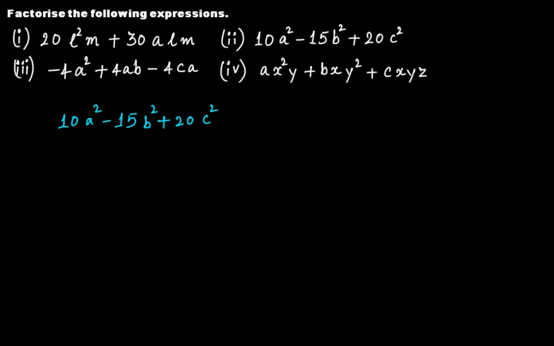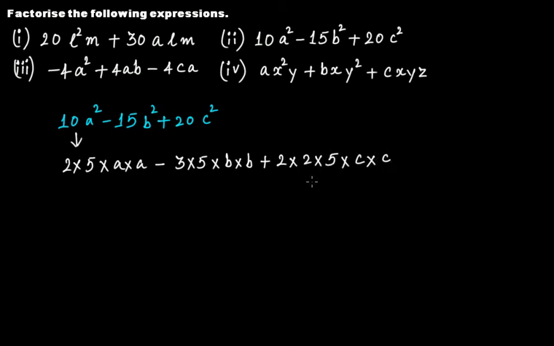How? This is 10a squared, so 2 times 5 times a, right? Then minus, this is 15, 3 times 5, that is the prime factor form, multiplied by b, then this is plus, this is 20, so 2 times 2 is 4 times 5 is 20 times c times c. So this 2 here, no, you cannot take 2 because this term doesn't contain 2.